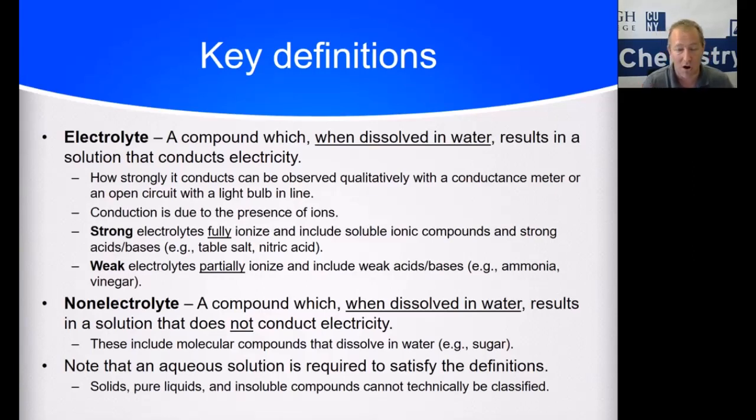The ions aren't mobile, so you can't get any ion movement to one electrode or the other. So it's just not going to conduct in the solid state, even though the compound is an electrolyte. The definition is that a compound, when dissolved in water, results in a conductive solution. Testing it as a solid isn't testing whether it's an electrolyte or not.